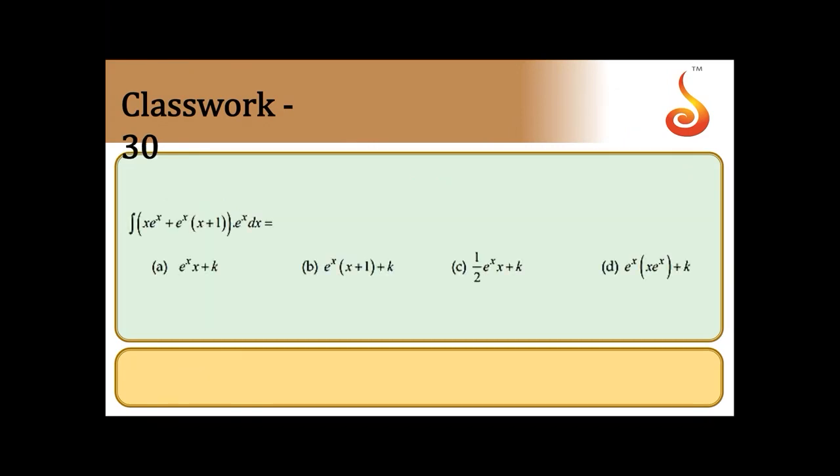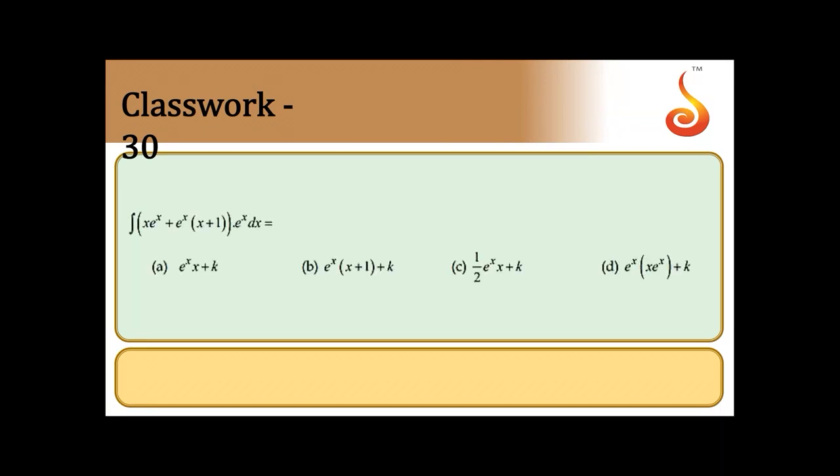Coming to the next one, of course, the same thing. It is in the form of integral e power x into f of x plus f dash x, which is nothing but e power x into f of x plus constant. Here e power x is already there, and x e power x derivative is this one.